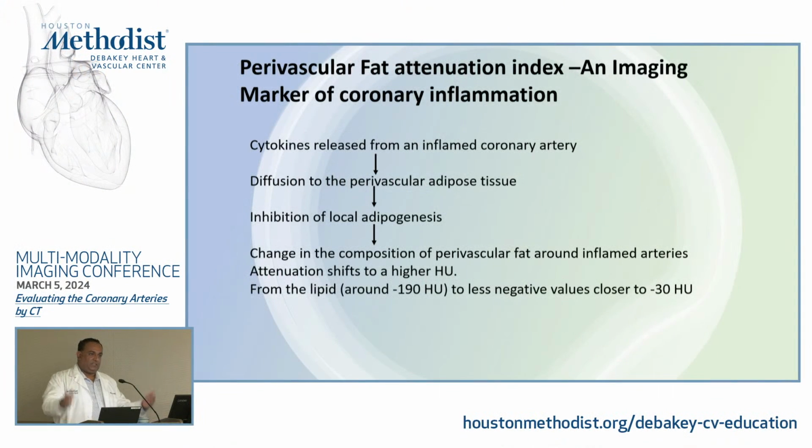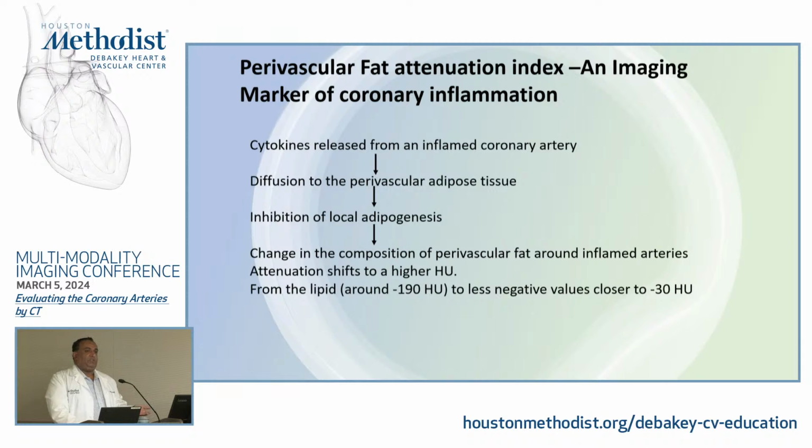Because inflammation is the key for progression of atherosclerosis, there is the perivascular fat attenuation index. The pathophysiology behind it is pretty interesting. It is thought that cytokines released from an inflamed segment of a coronary artery diffuse to the perivascular adipose tissue and cause inhibition of adipogenesis.